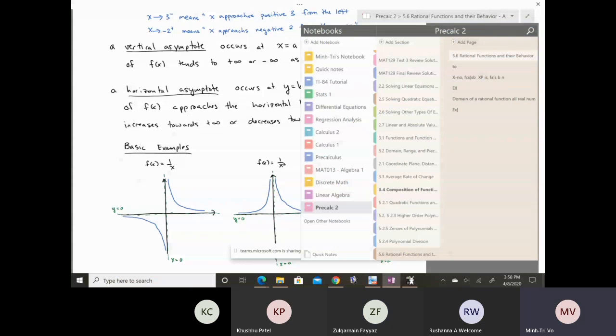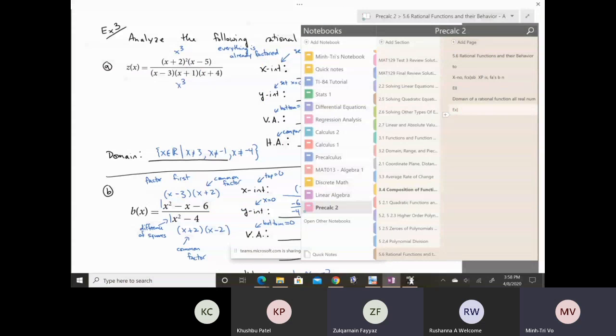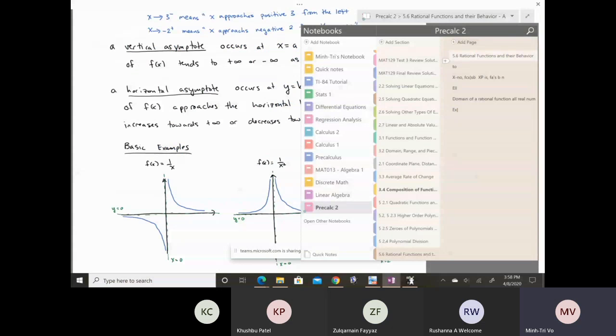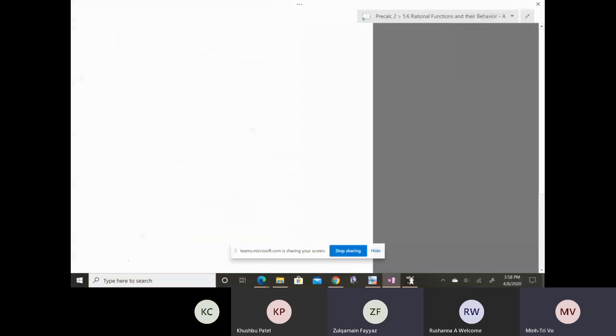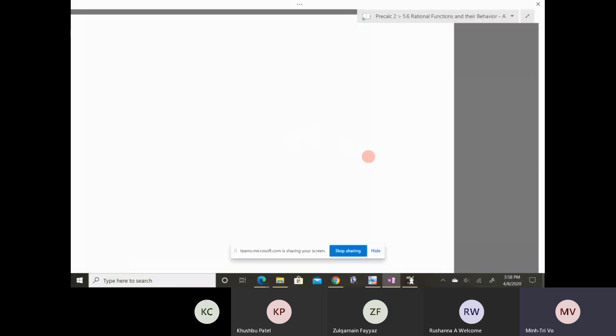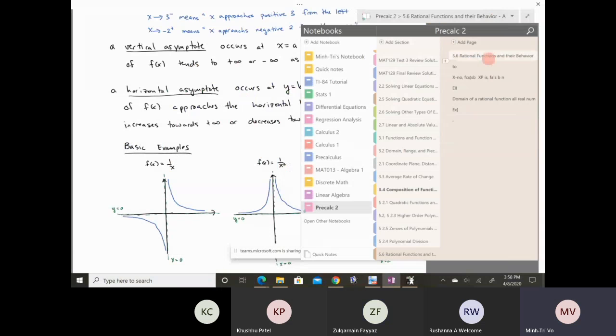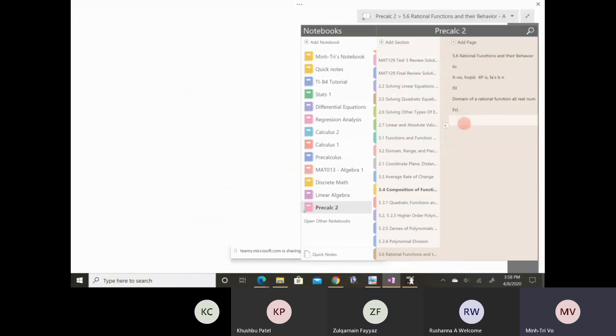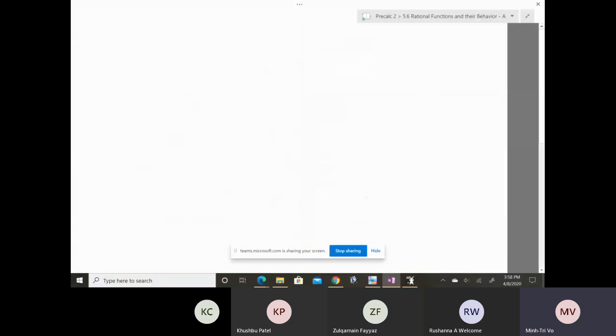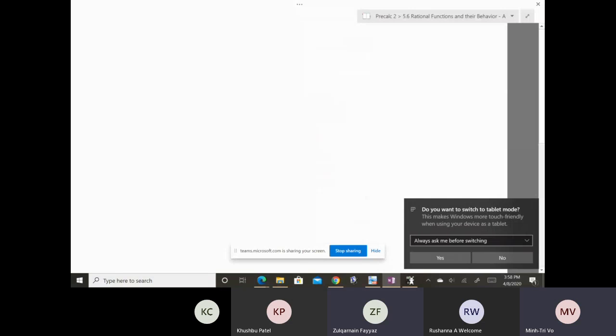For example, say I give you a graph and I don't draw in the asymptotes for you. Some graph like this.